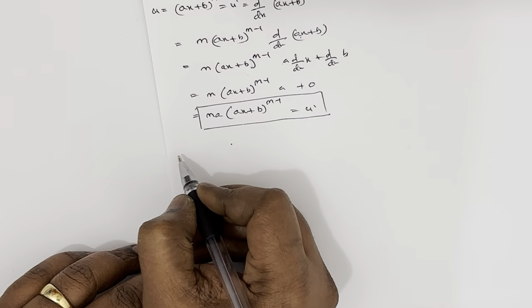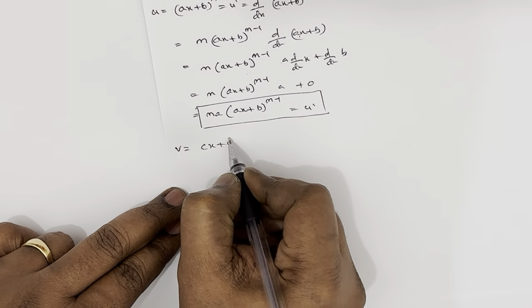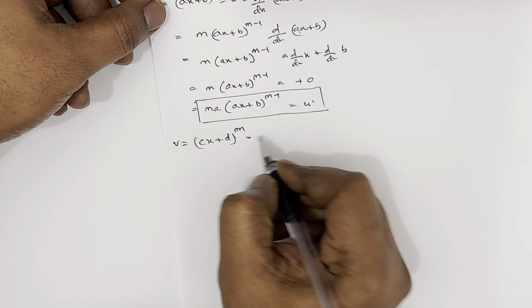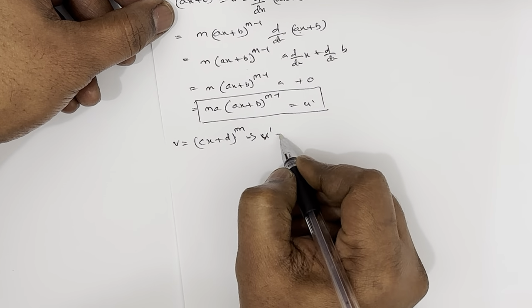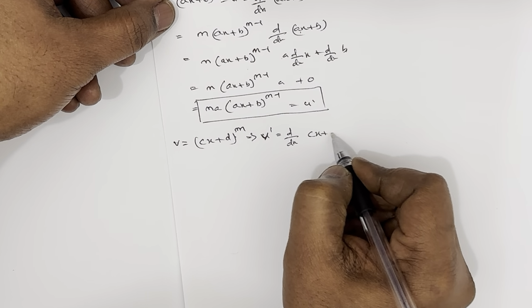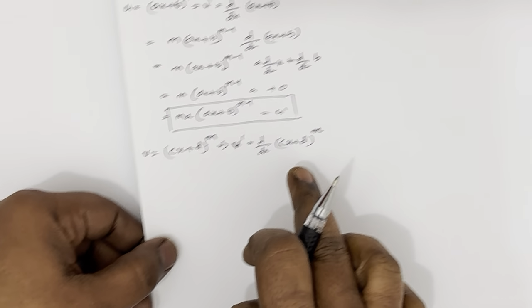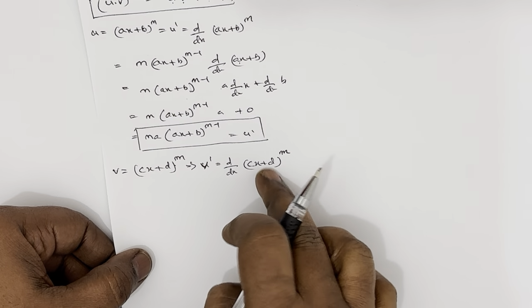Now let's calculate v dash. So v is equal to (cx plus d) whole raised to m, which implies v dash is equal to d by dx of (cx plus d) whole raised to m. Now this is also in the form x raised to m, or x raised to n.